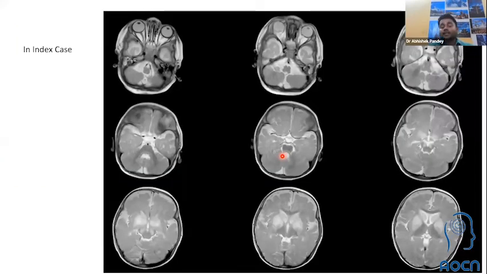However, in our index case, there was involvement of basal ganglia structures, not only the globus pallidus but also the striatal part, symmetrically and diffusely. There was also involvement of deep white matter and cerebellar peduncle. So apart from what has been described in the literature, the striatum was also involved.